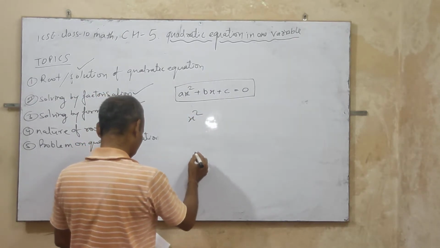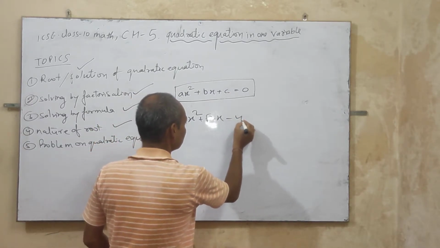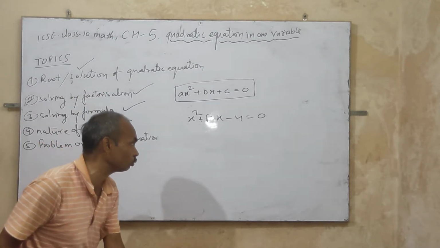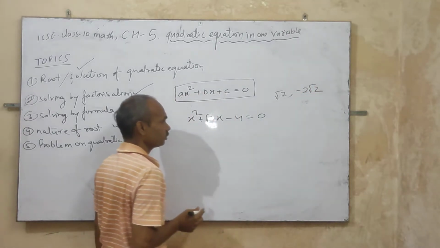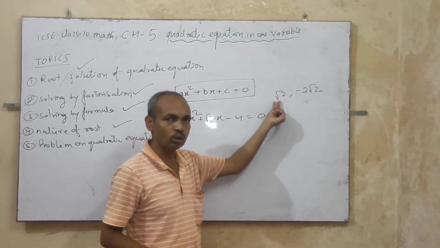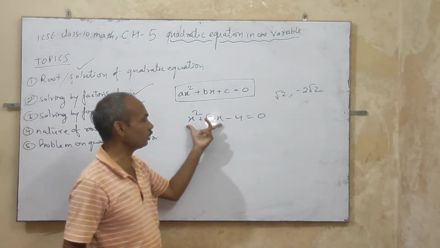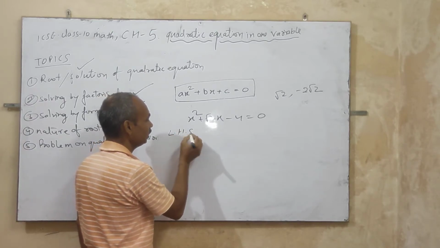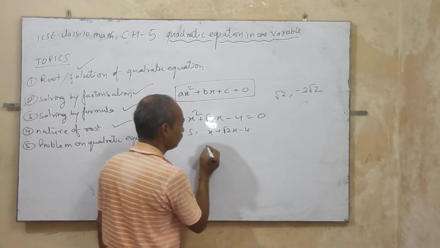Let the quadratic equation be x square plus root 2 x minus 4 is equal to 0, and we are proving that root 2 and minus 2 root 2 are the solutions. How can we prove this? Taking LHS, x square plus root 2 x minus 4.